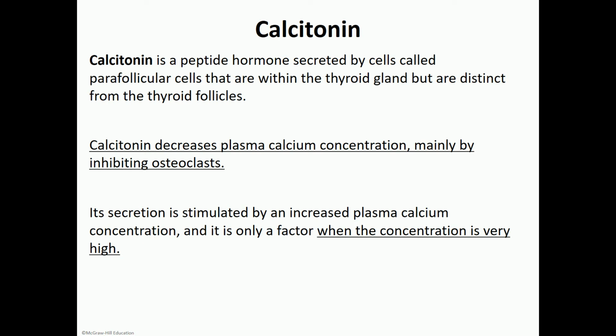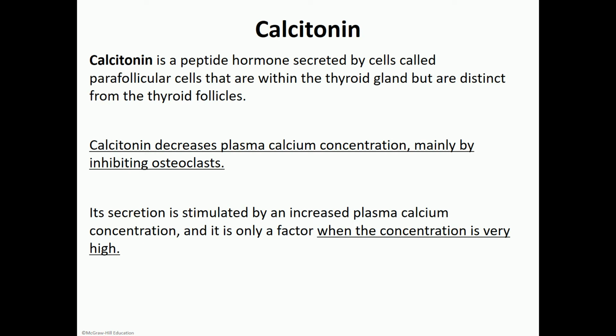So calcium will remain in the bone. It is secreted by an increased plasma calcium. The stimulus to release calcitonin is hypercalcemia, or increased calcium levels in the bloodstream. And like I mentioned before, it's not a main player in humans, except when the concentration is extremely high.